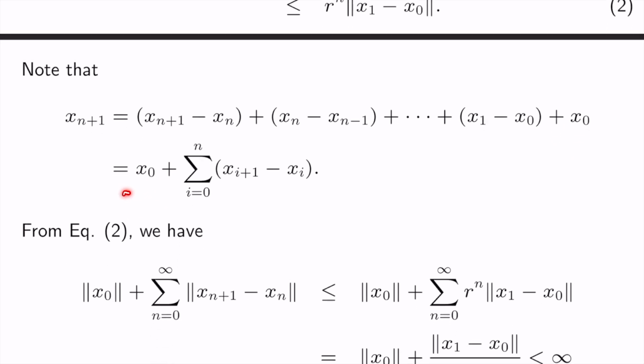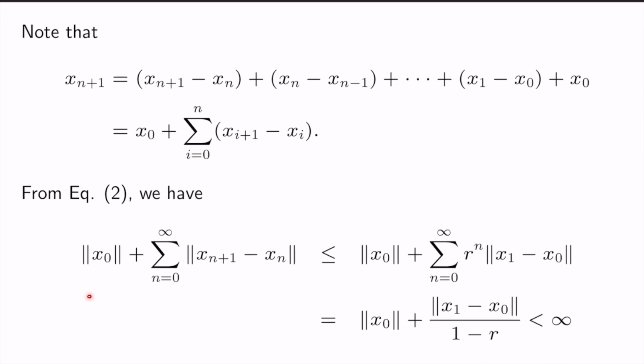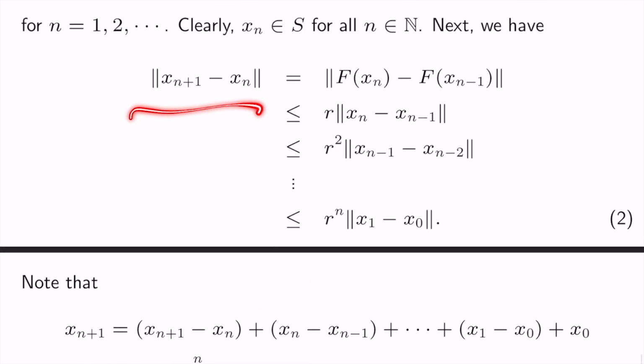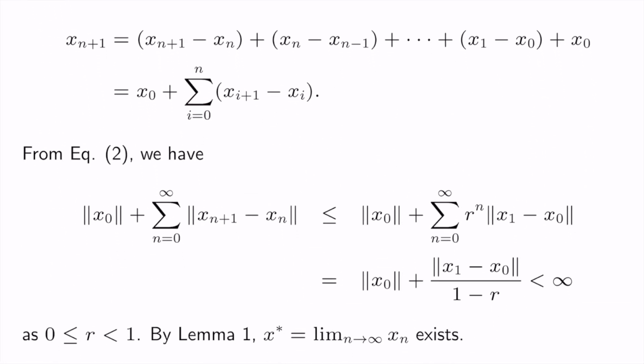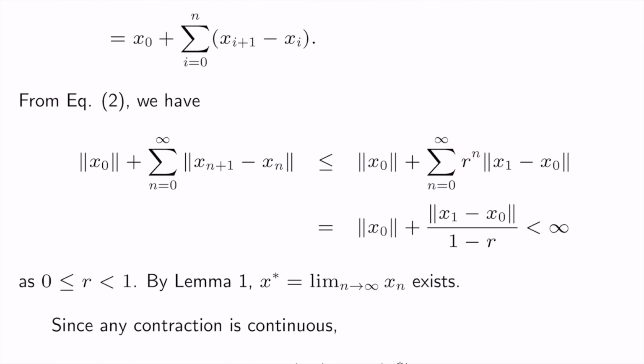Next, based on this, consider this series, one constant plus a series. So from this inequality, we have this series is less than or equal to this series. So each of these norms is replaced with this norm times this constant, r to the power of n. And this is a constant, and this is just a geometric series.